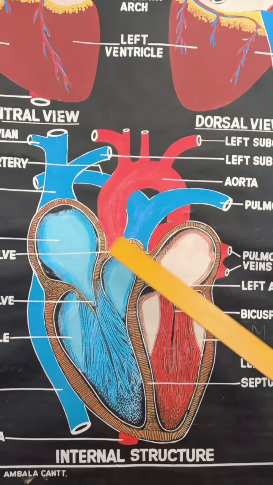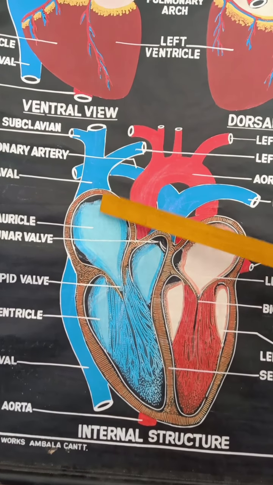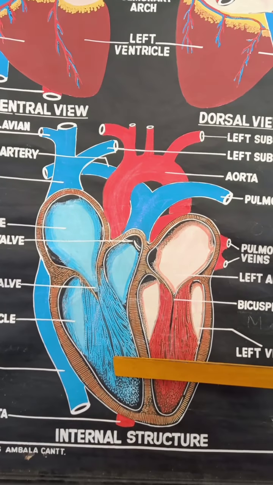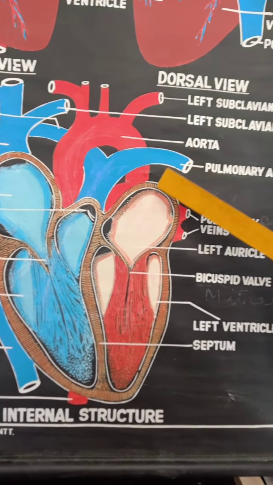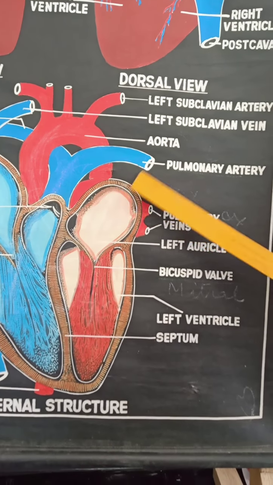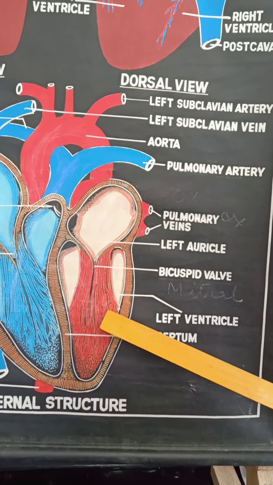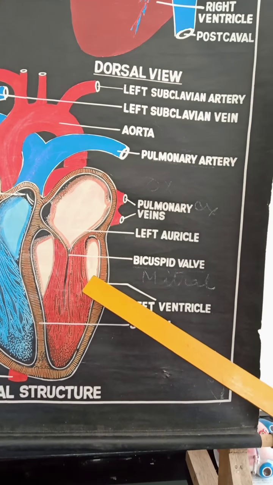How is the type of blood different? The blue side of the heart has deoxygenated blood, or you can say blood rich in carbon dioxide, and the left side of the heart, which has red color, is filled with oxygenated blood. That means the blood is rich in oxygen.